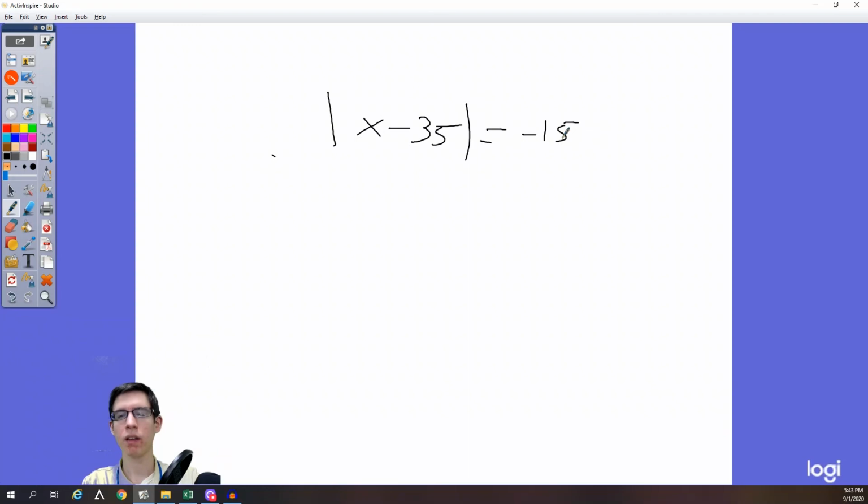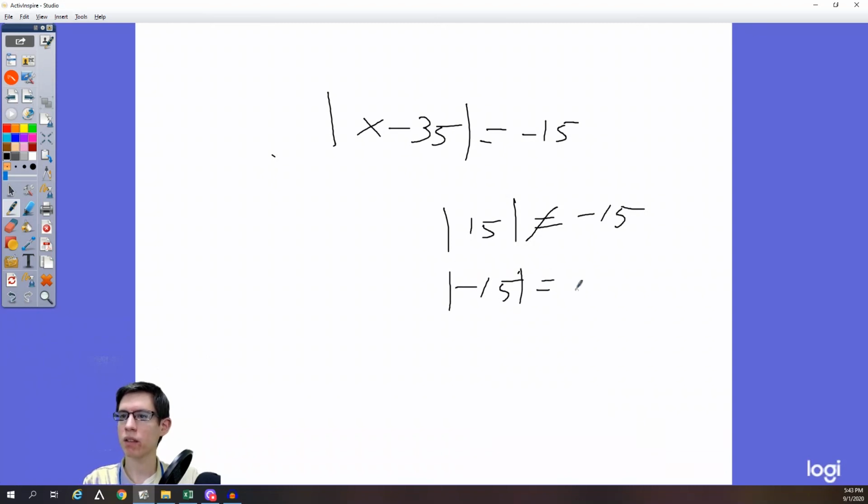Okay? And the issue with that is that in this case, there is no absolute value number. If I took the absolute value of 15, there is no number that can possibly give me a negative 15, because there is no negative measurement between two numbers from 0 to that number. It's not possible, it's not real, it doesn't happen.